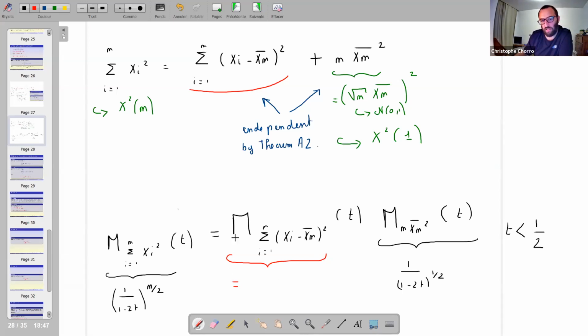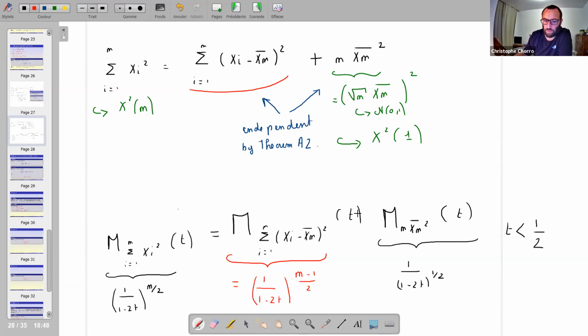This one is equal to the ratio of this one and this one. So this one is necessarily equal to 1 over 1 minus 2t to the power n minus 1 over 2. And I obtain for this quantity the moment generating function.